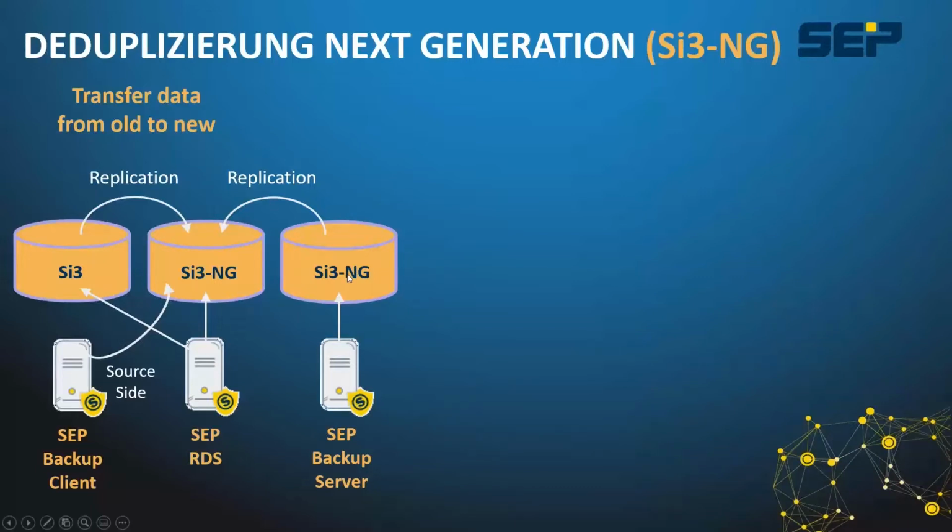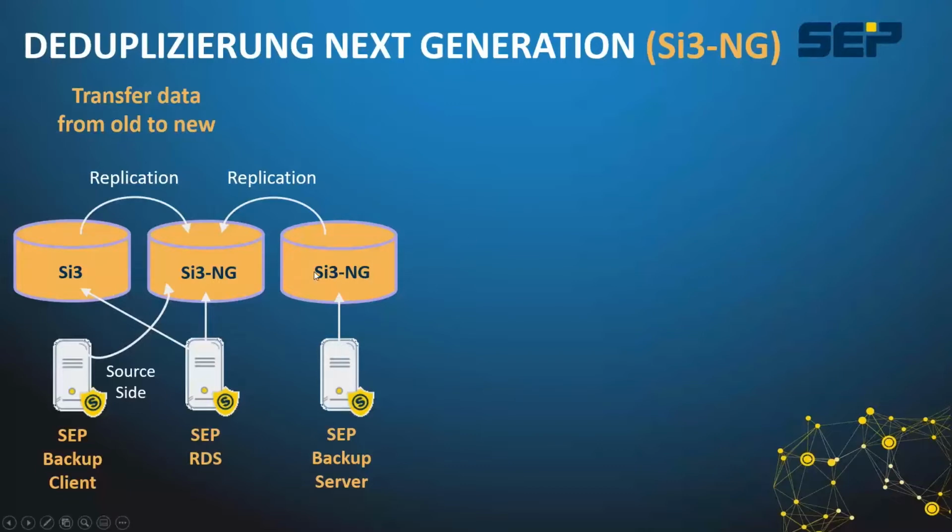The generic advantages of the new deduplication storage, the NG, is not the algorithm itself. The algorithm is almost the same. It was pretty efficient already in the past, inline, variable block lengths, and so on, and always provided very, very good deduplication ratios.